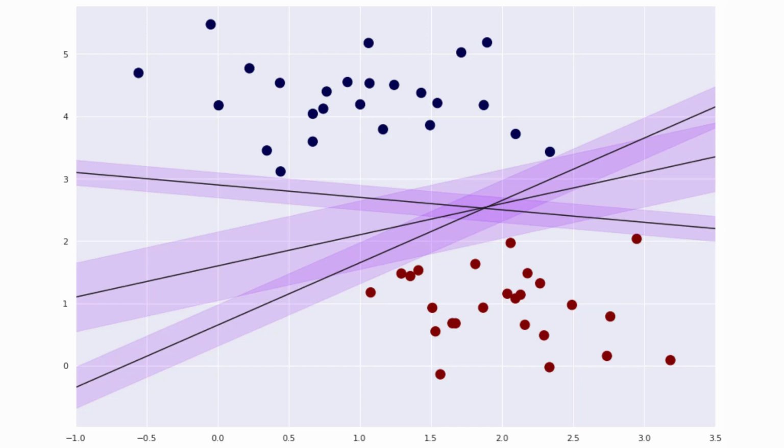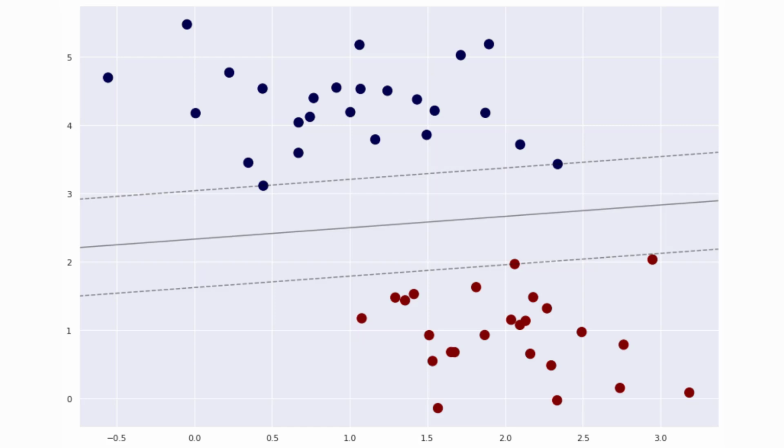And you want to choose the line that has the largest margin. So this is known as maximum margin estimator. The line that you choose should be the line with that largest margin. That's how you know what's the best line, because that one can most separate the classes because it keeps the classes the furthest apart.